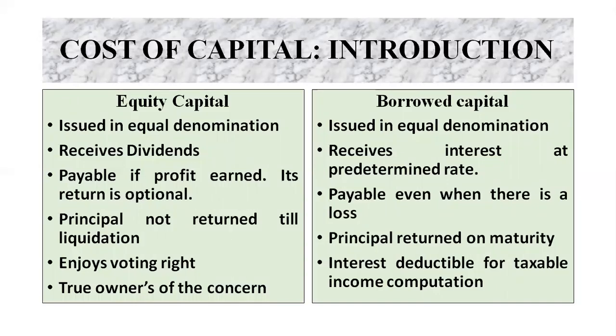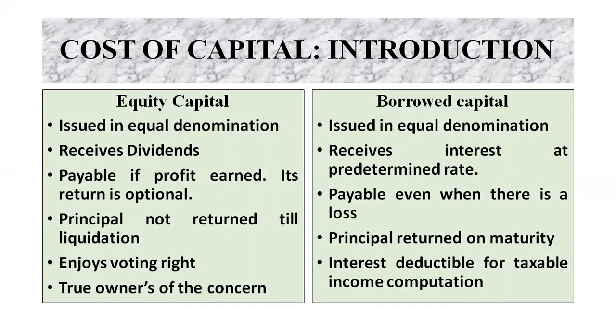Now let us see what are the properties of the equity share capital. When a company wants to issue equity share, first it will see how much money is required to be collected. Then it is equally divided into smaller denominations.